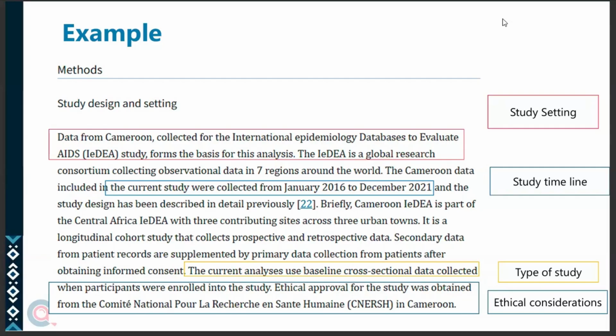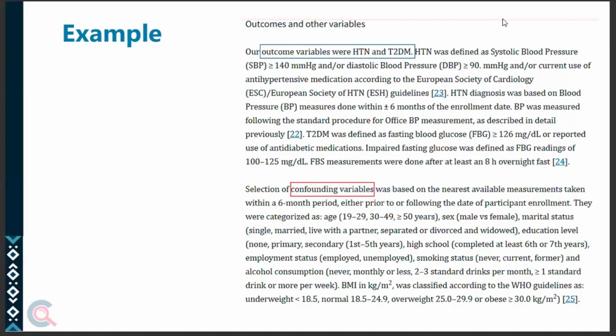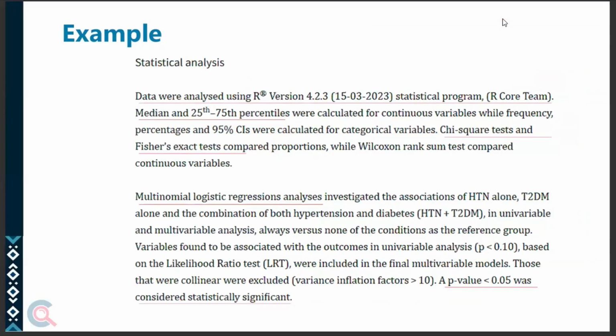Also, the ethical considerations are clearly presented. Ethical approval for the study was obtained from the Comité National pour la Recherche en Santé Humaine in Cameroon. Also, the study participants and the data collection for this particular study are clearly presented. The different outcome variables and the confounding variables that were used in this study are also presented.